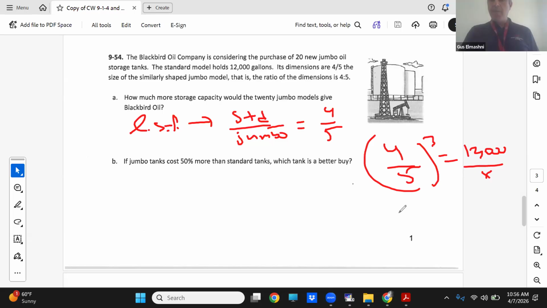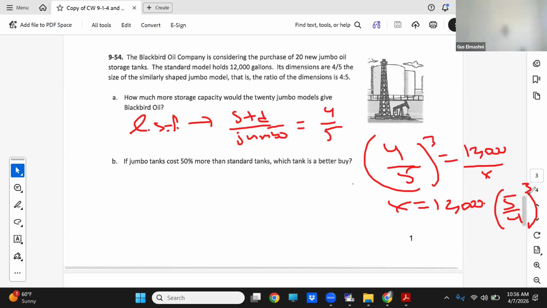If you move things around, x is going to equal 12,000 times 5/4 cubed. I should probably have done it that way first. Why am I flipping that fraction? Because I have to solve for x. If I move x to the left side, I have to move a fraction to the right side. I have to flip it to isolate x correctly. So it's just algebra at this point.